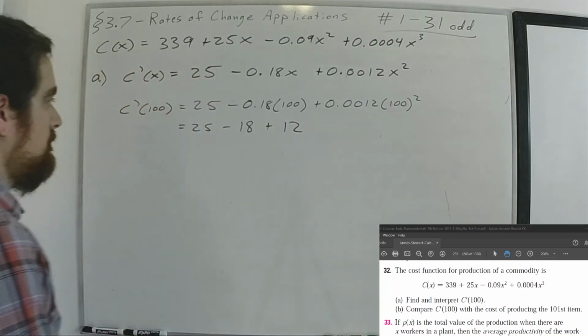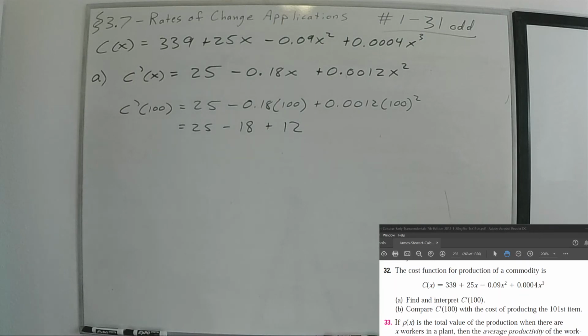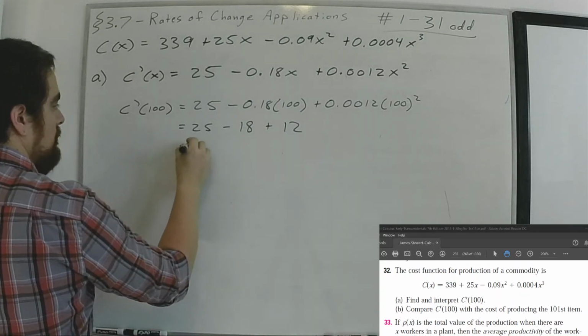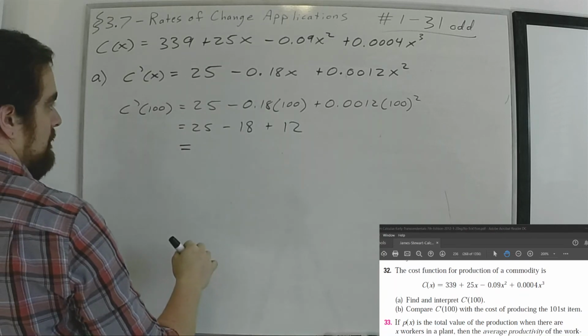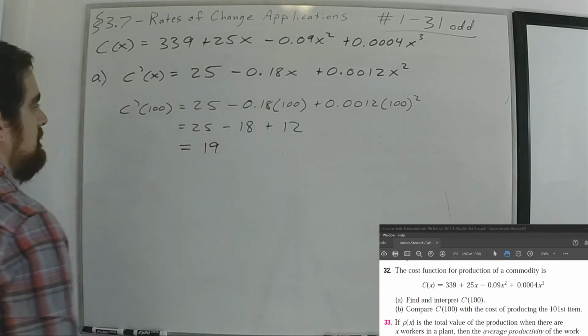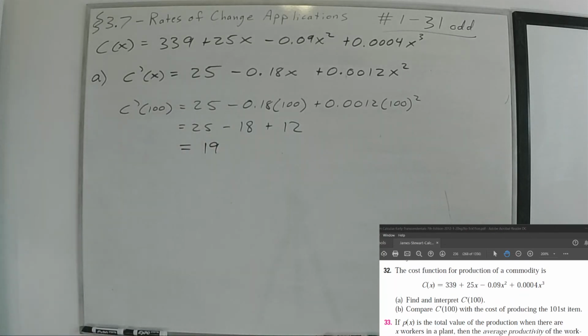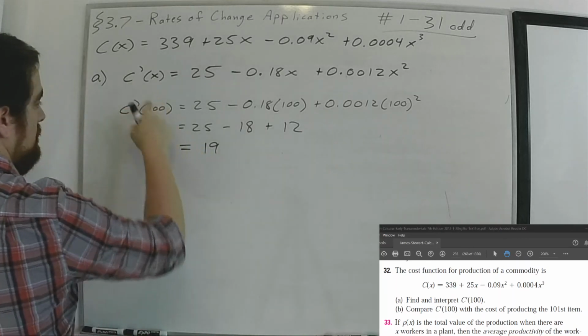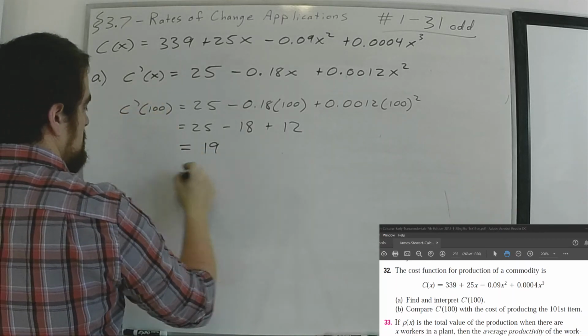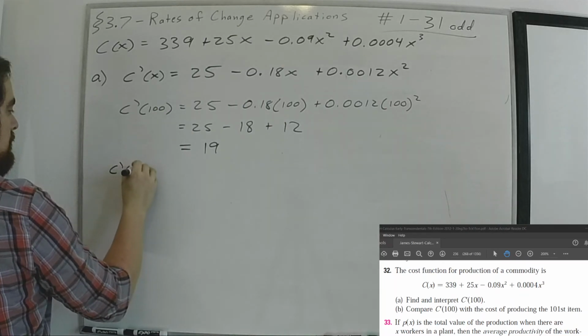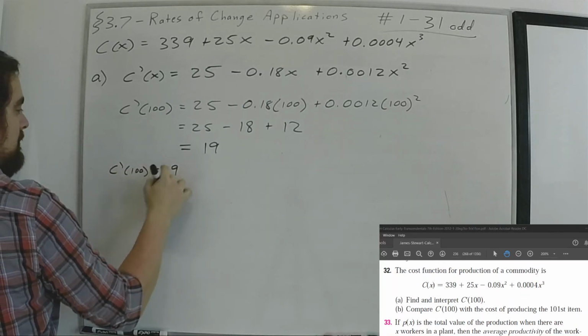So I get 25 minus 18 plus 12. So that'll be 19. So this will give us our marginal cost. Right? So C prime of 100 equals 19.